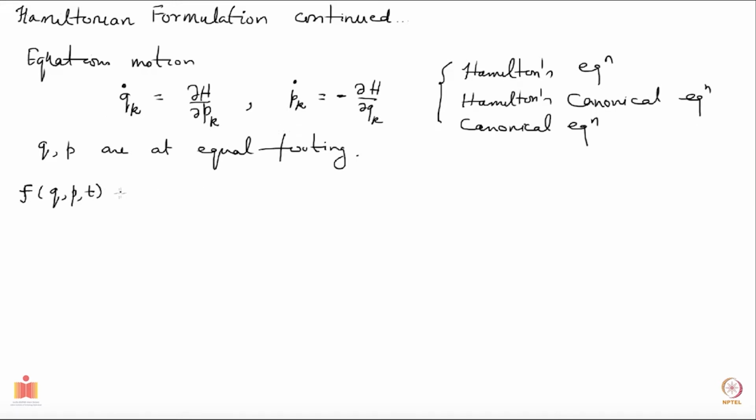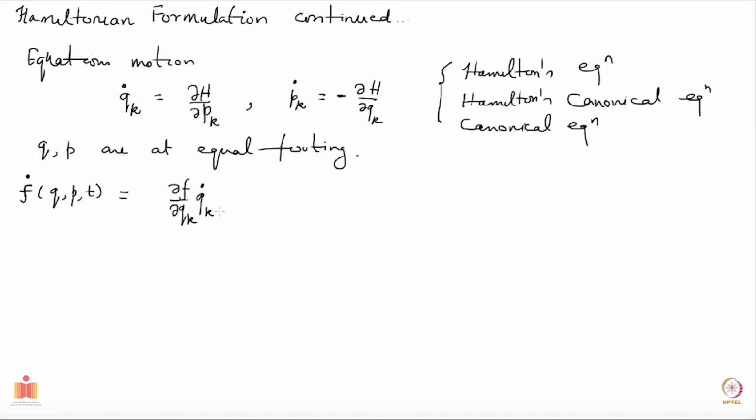So let's find this out. We are looking at df over dt, which is f dot, and this is del f over del q_k, q_k dot.